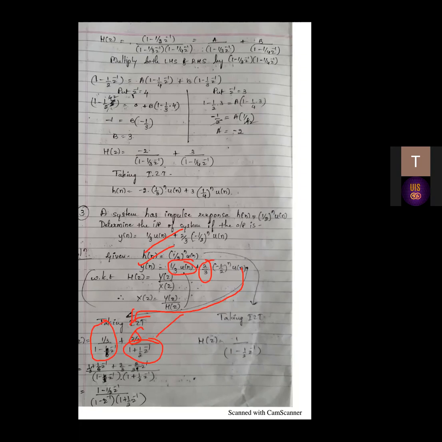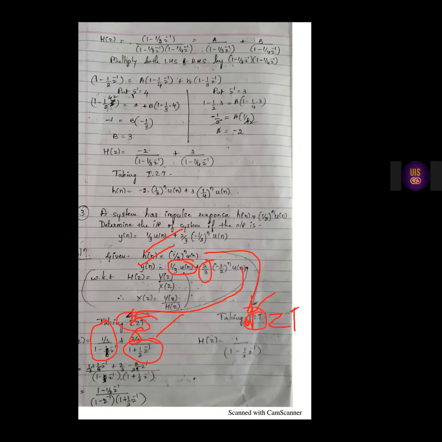Then go for Y of n's z transform, Y of z. Then go for h of n. So take the z transform. What I have done, it's not I, I should be eliminated. It is taking the Z transform. I have written wrong, just see here. I have written IZT.